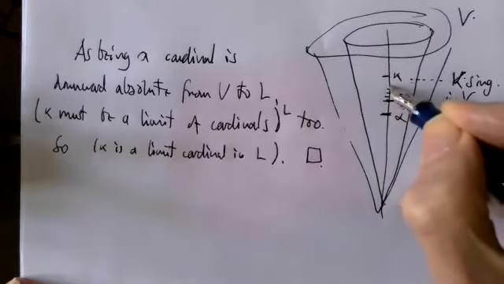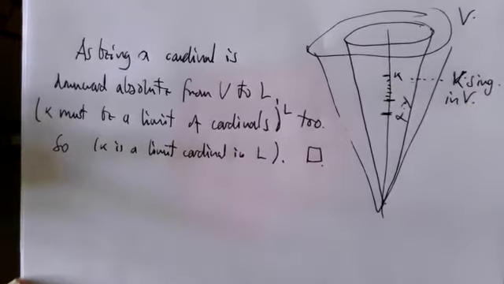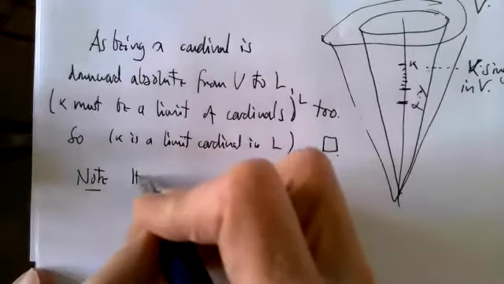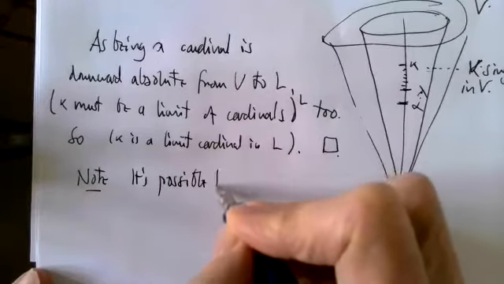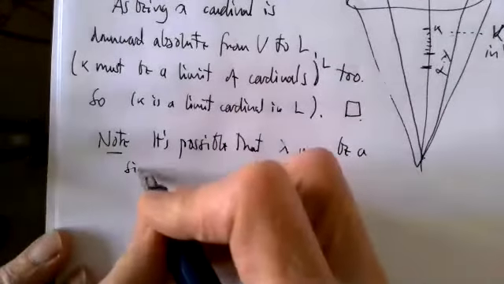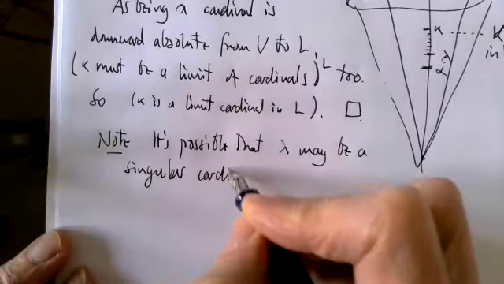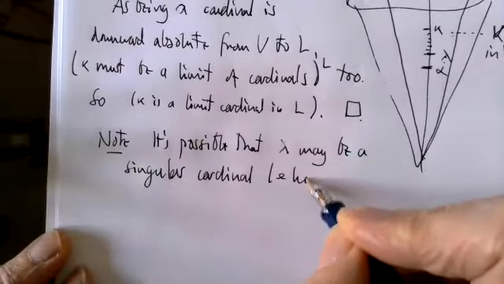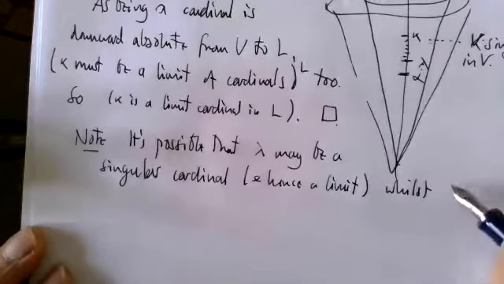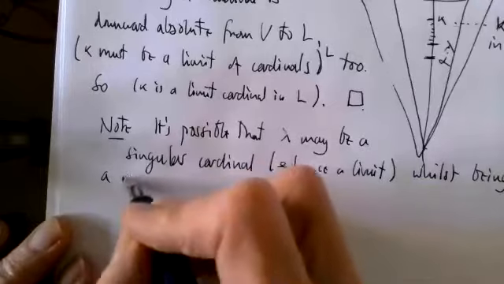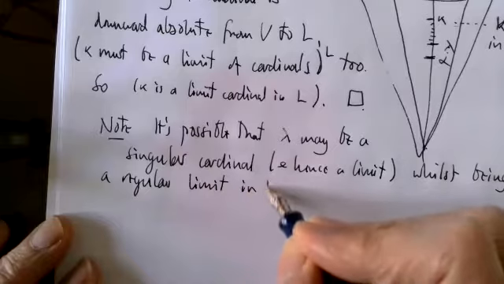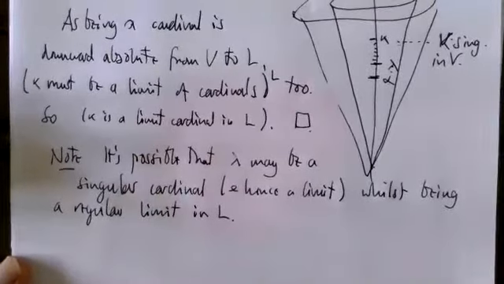So it's a limit cardinal in V. But that doesn't rule out the possibility that it's actually an inaccessible cardinal in L. So lambda may be a singular cardinal, and hence a limit, whilst being regular in L. And actually, there's quite a lot you can say.